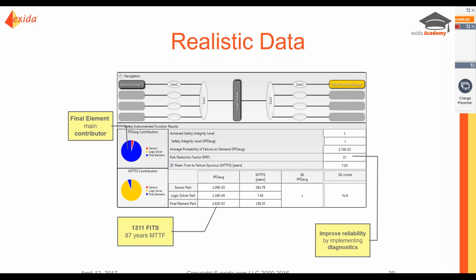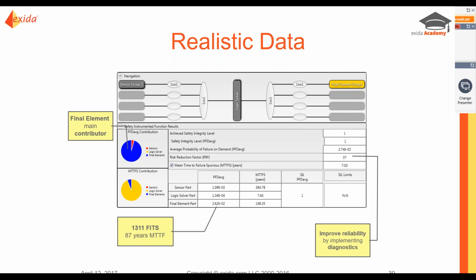Your PFD average, unfortunately, has not become as good along with your SIL rating, but this is much more realistic, and you can improve that through diagnostics, or you can improve that through testing. All of these things can be changed.